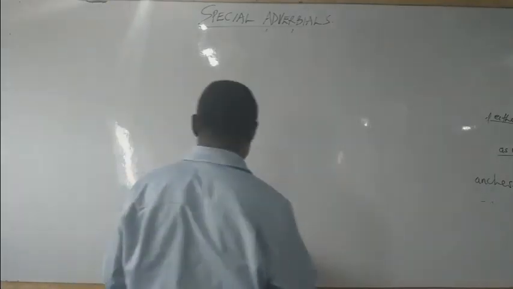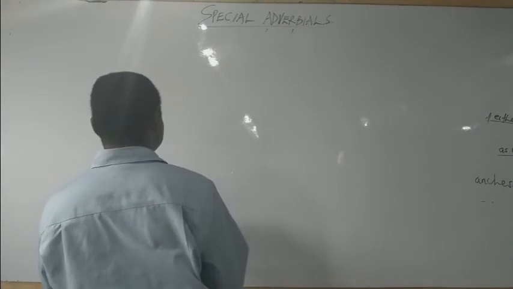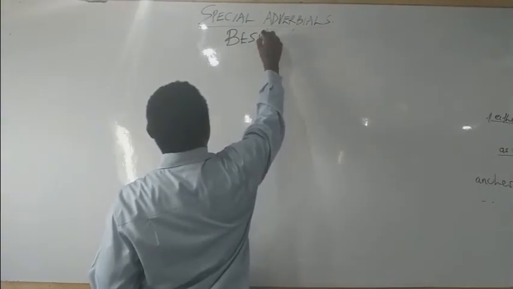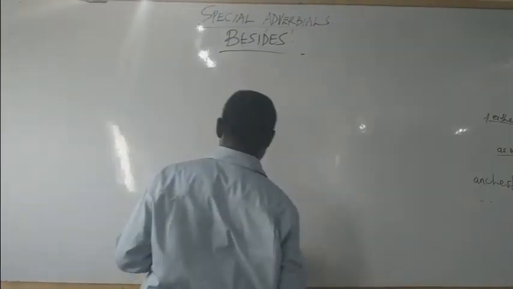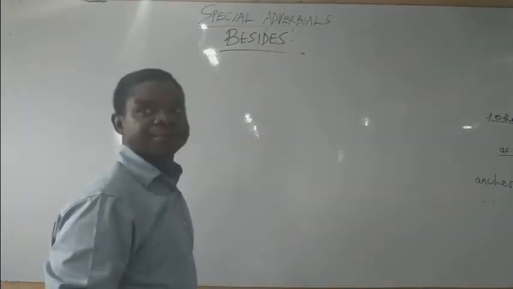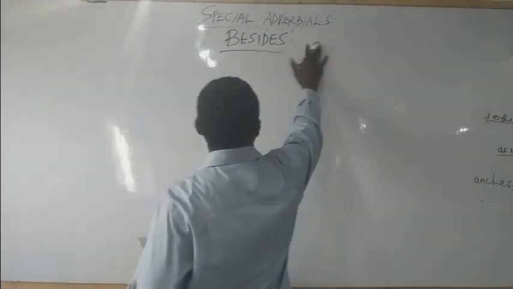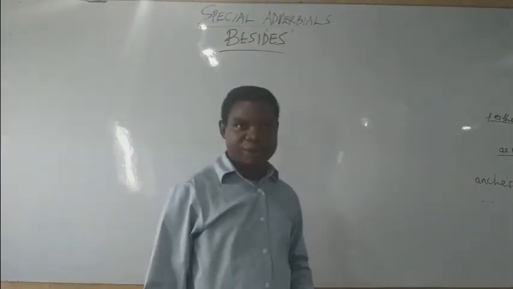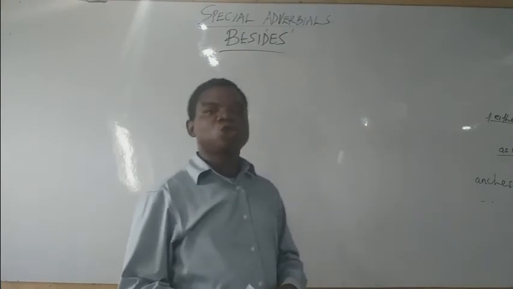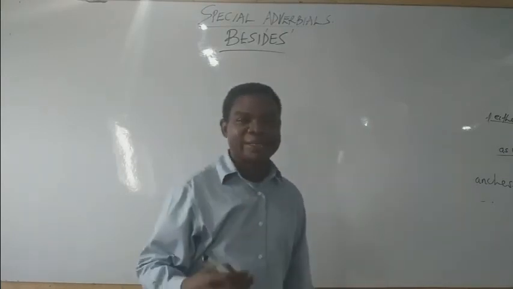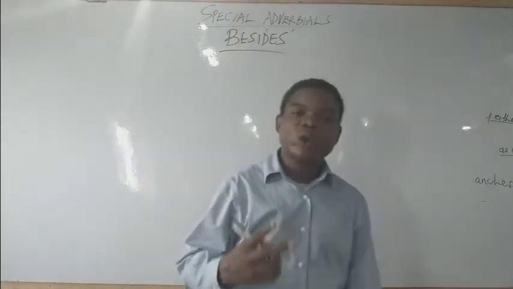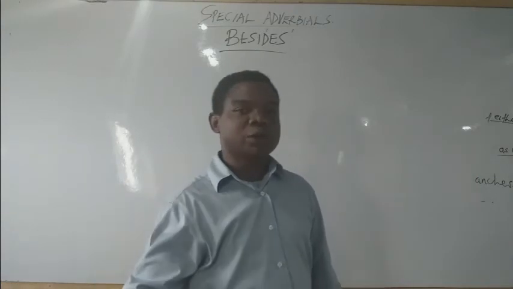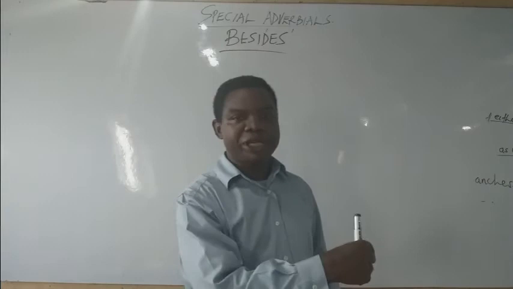Look at number 2 down. The second part. This word, another adverb: besides. Now, besides is used in a sentence where there are two negative clauses in which the second clause is affirming the meaning of the first.